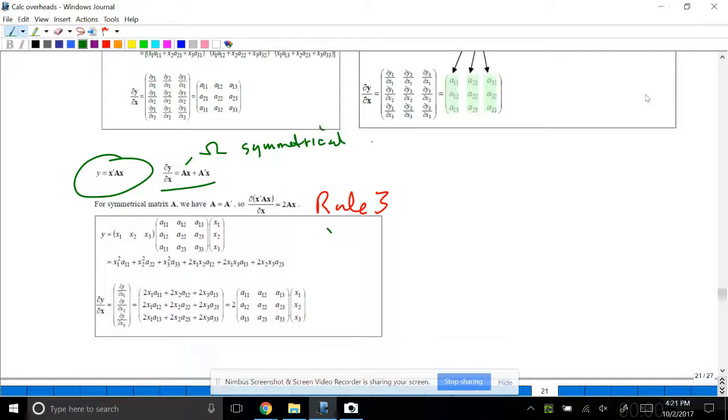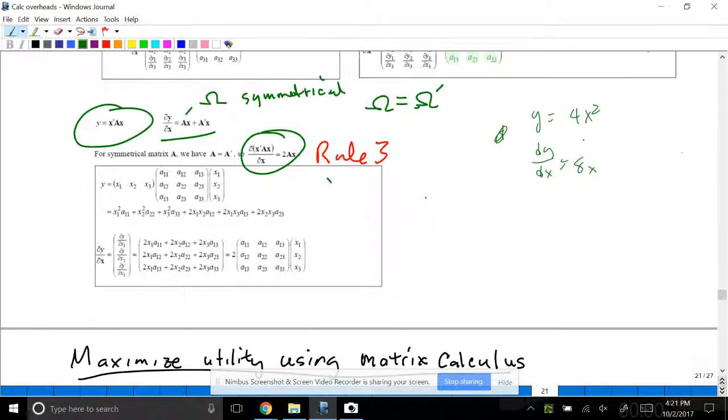And if it's symmetrical, the covariance matrix equals its transpose, not the inverse, but the transpose. And so what we end up with is this relationship right here. It's kind of the multivariate equivalent of taking a derivative. So if we have y equals 4x squared, dy/dx, bring down the 2, it'll be 8x. So it's the matrix equivalent of that.